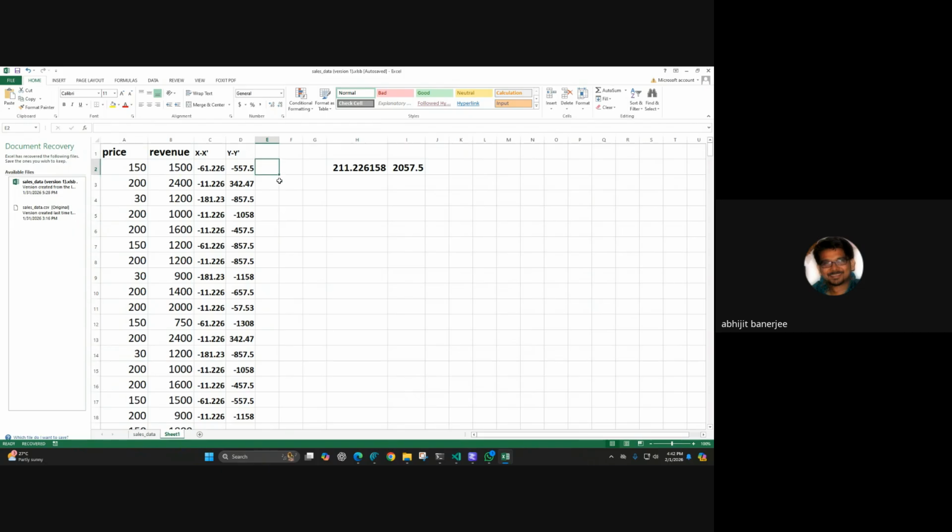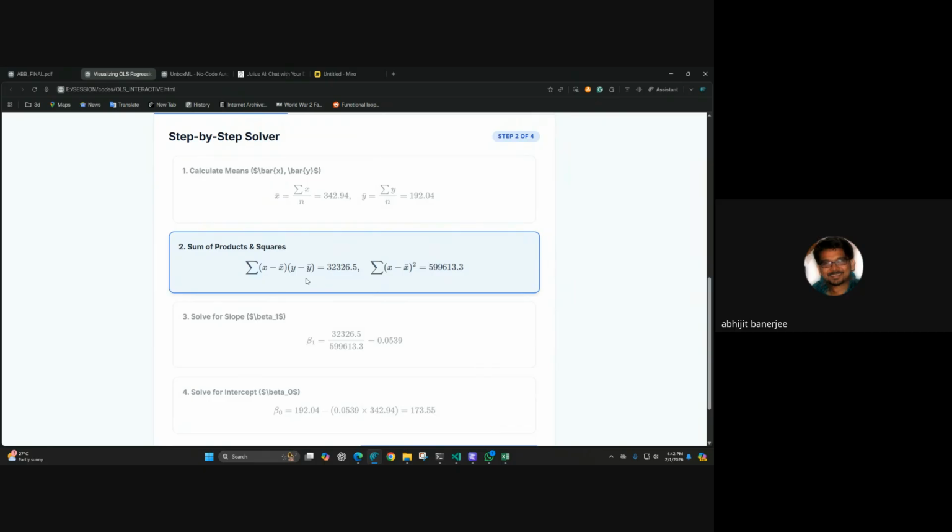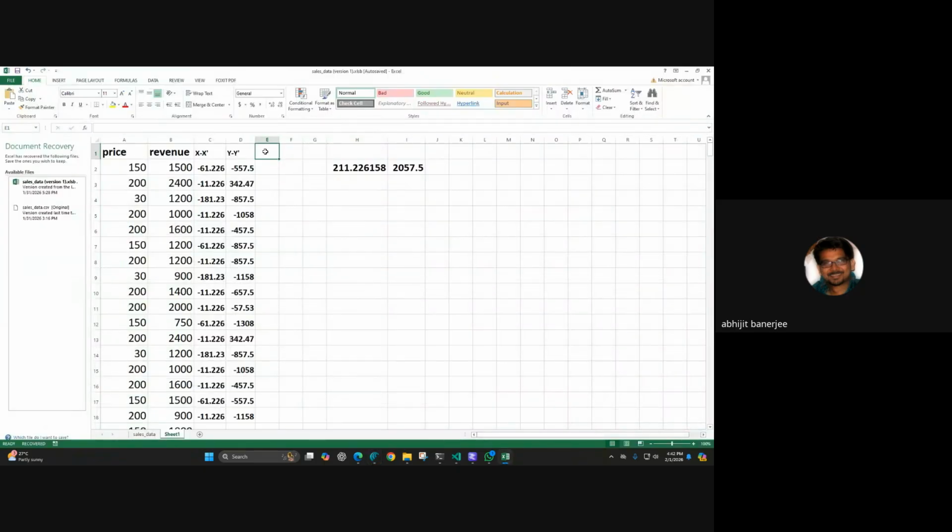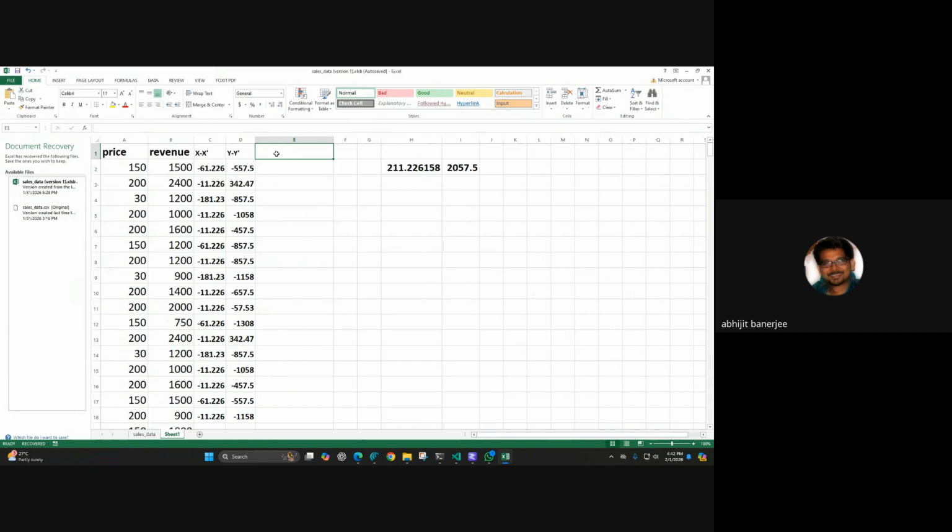Now what we need to do is multiply this into this. So here it will be X minus X bar multiplied by Y minus Y bar, which is basically this multiplied by this.